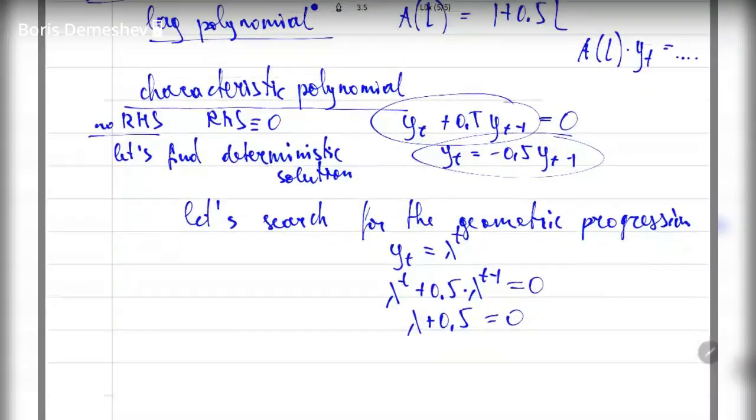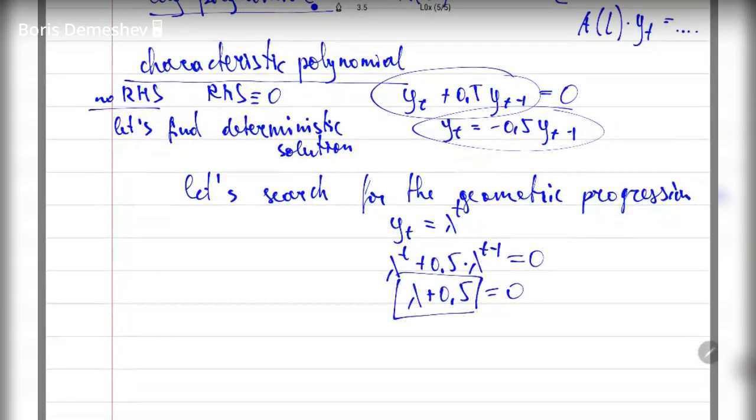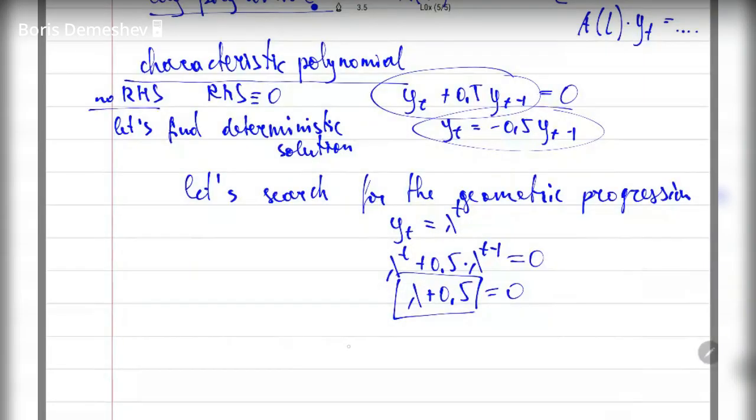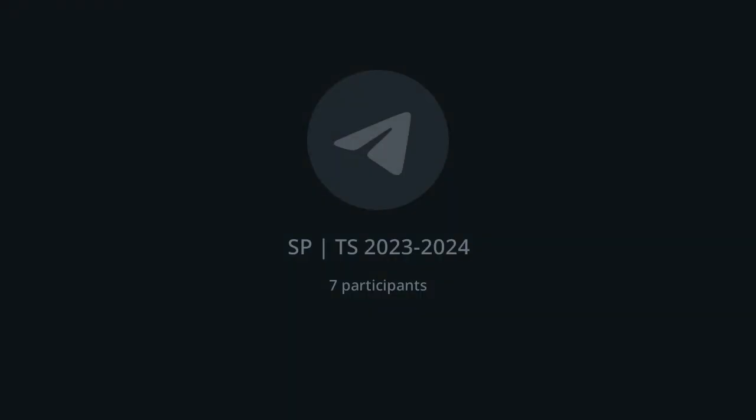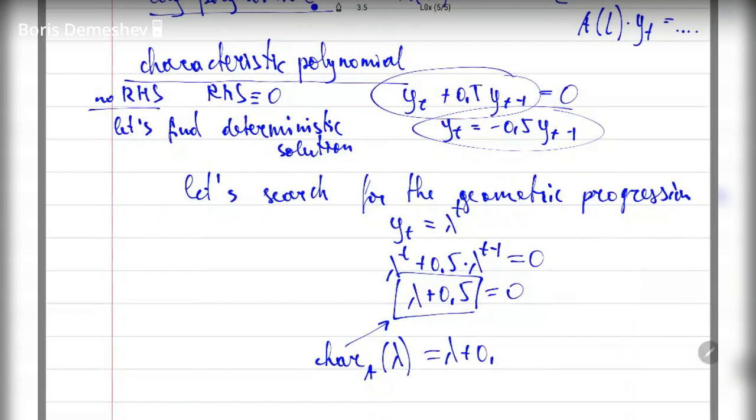Okay. And that part, lambda plus 0.5, is called a characteristic polynomial, char A of lambda. So that's lambda plus 0.5.